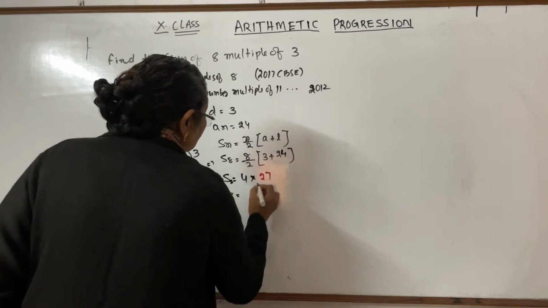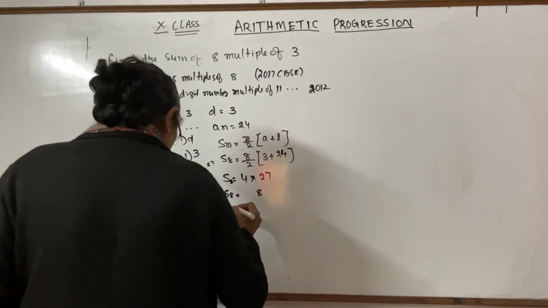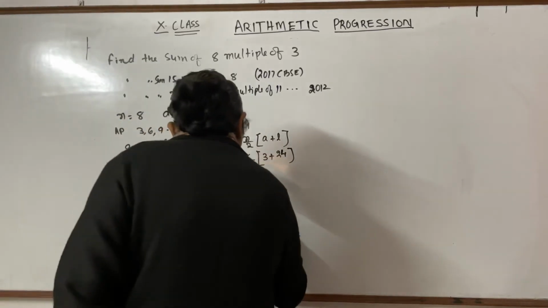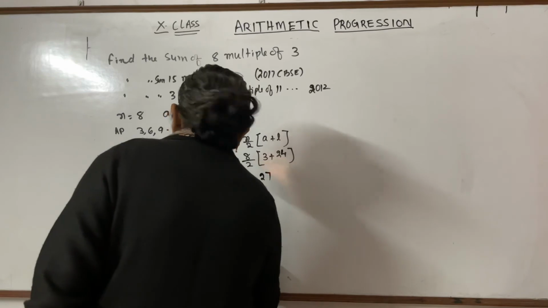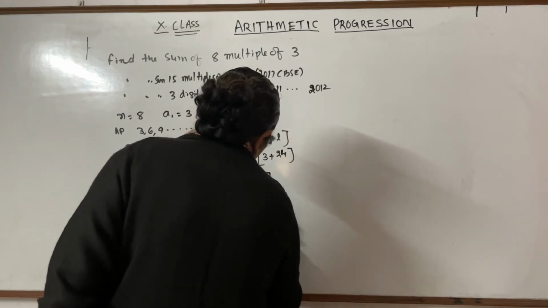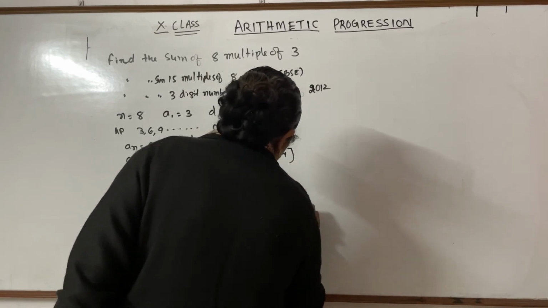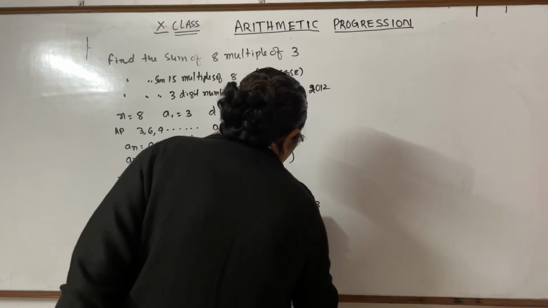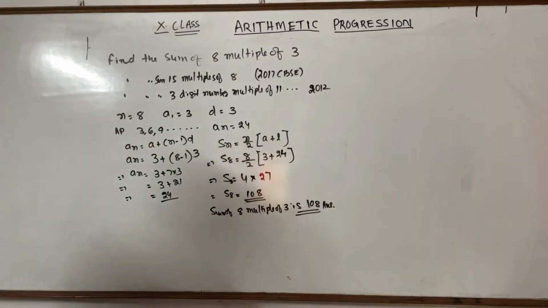S8 equals 4 7s are 28, 4 2s are 8, 9, 10, isn't it? 108. So the sum of 8 multiples of 3 is 108. Right? This way you can do it.